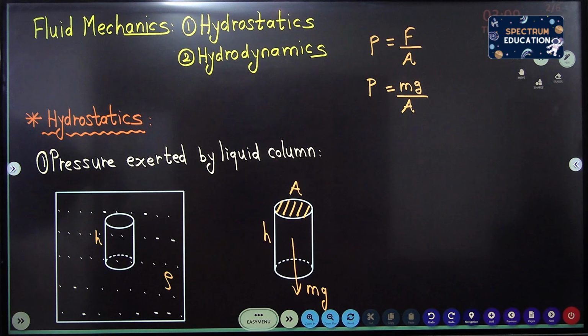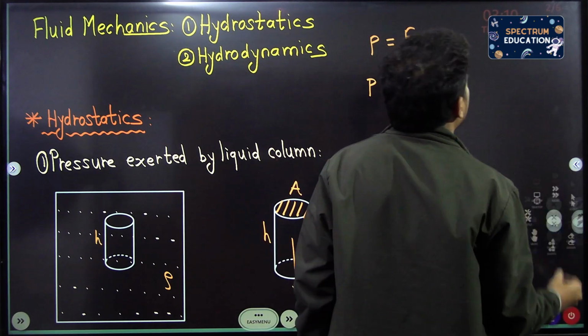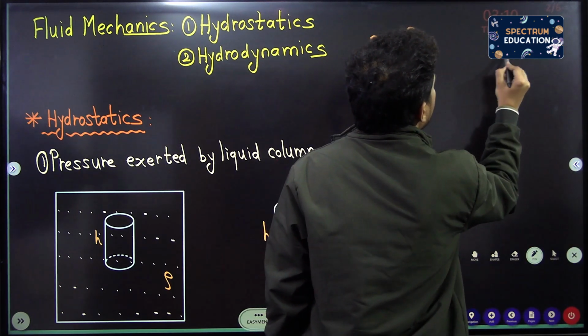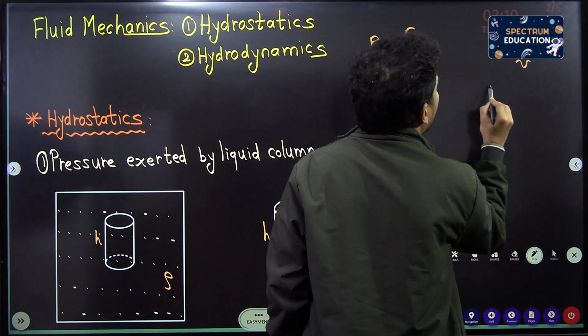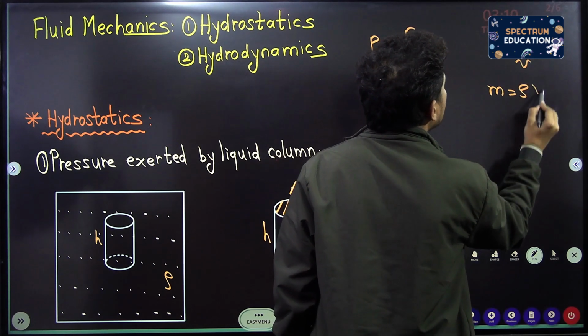Now convert that mass term into the density of the fluid. We can't measure the mass of the fluid because this container is imaginary, so we convert it into the density of the liquid. Density equals mass upon volume, so mass equals density into volume.